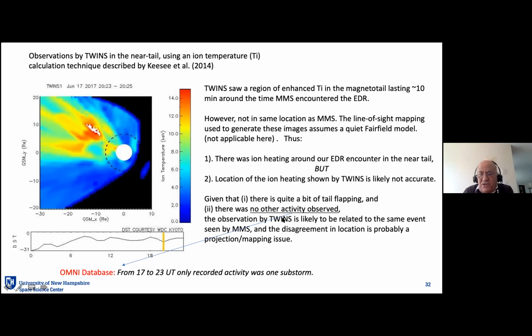So the observation of TWINS is likely to be related to the same event seen by MMS, and the disagreement in location is due to a projection mapping issue. There are some qualifications to this, obviously, but to my mind it's a strong point given the level of activity.